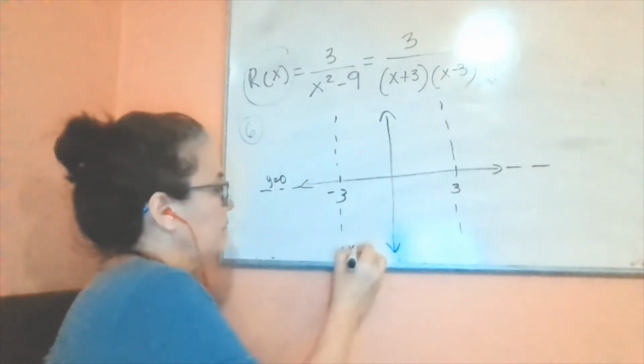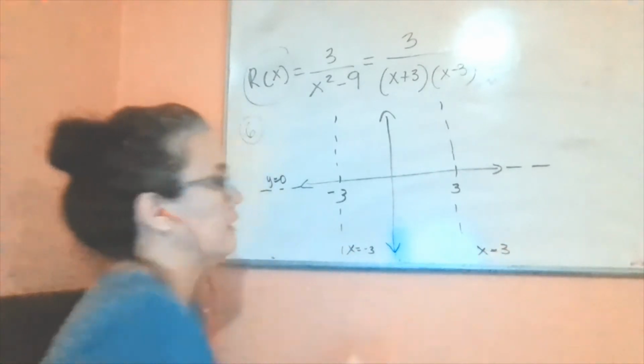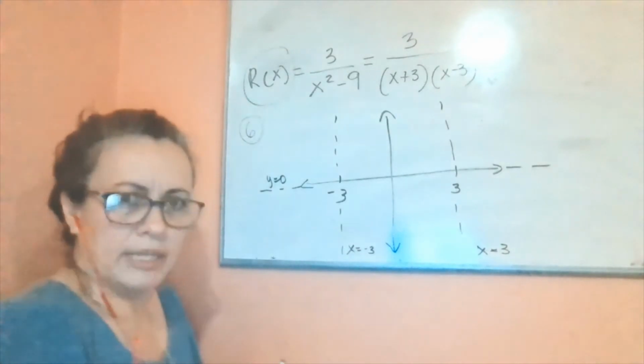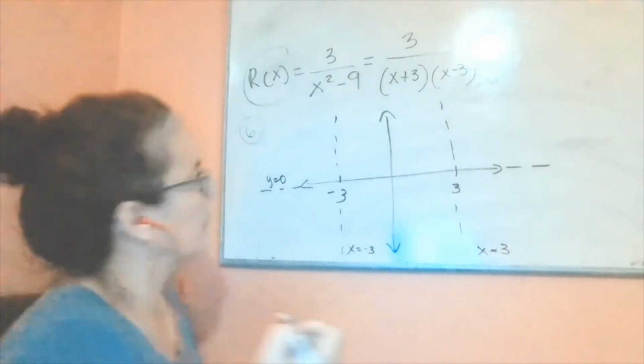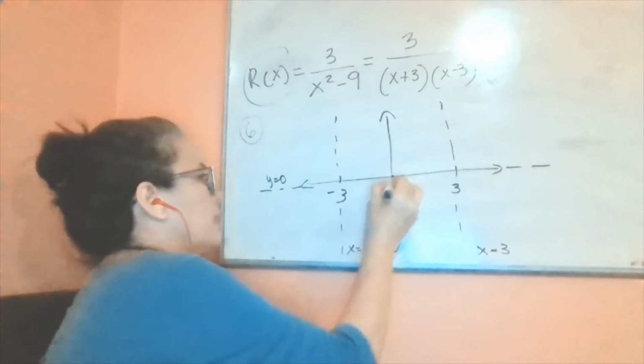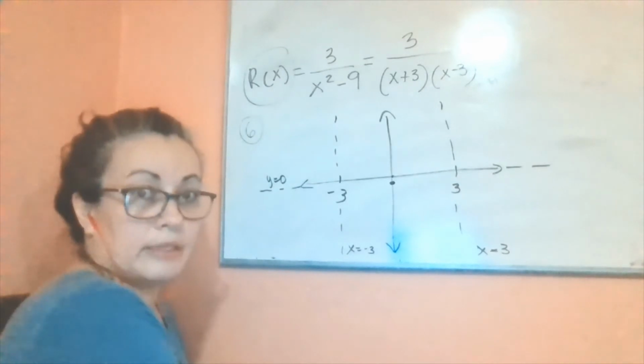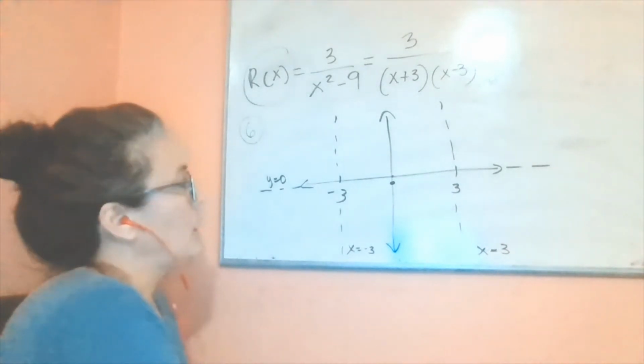Okay? What is next? Y-intercept, -1/3. So it's going to be something really, really close to the 0 right there. And x-intercepts, we don't have any.